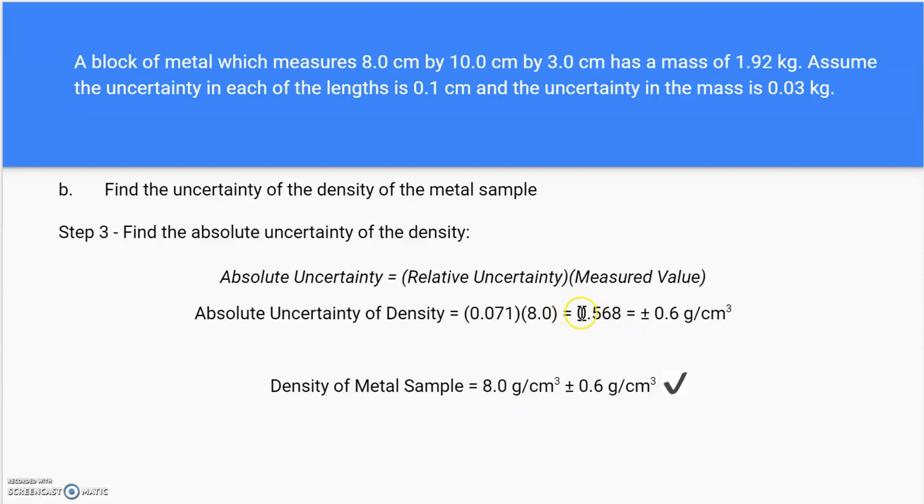So our absolute uncertainty cannot be 0.568, because that would be a degree of accuracy to the 1,000th place. So we need to round all that to the 10th place, just like our value for the density. And we will finally get that the absolute uncertainty of that density of the metal sample is plus minus 0.6 grams per centimeters cubed, and your final answer for density would be this one right here. That will give us part B.